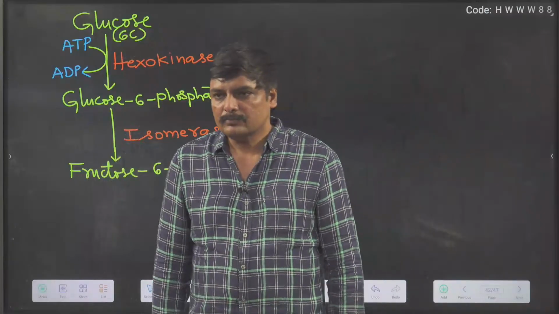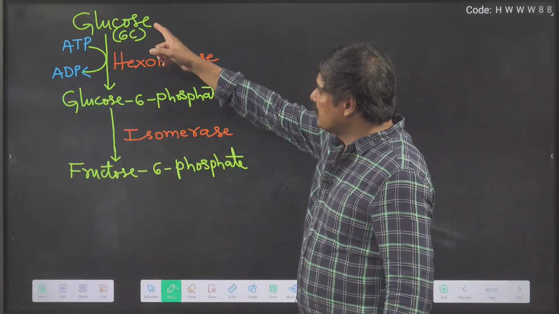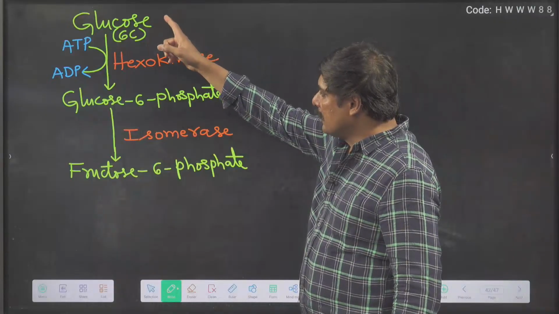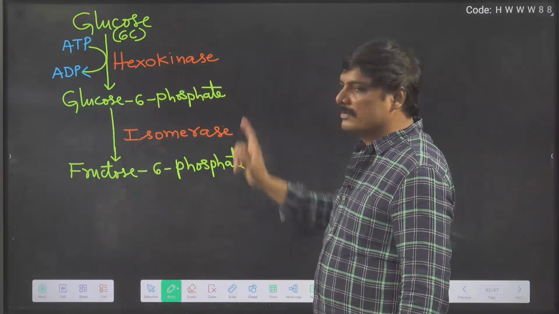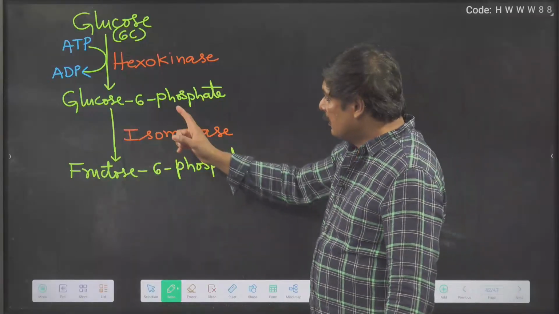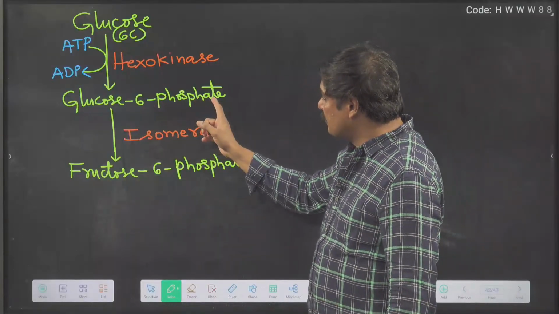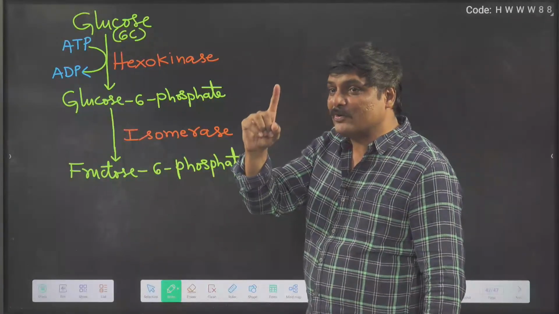Right. So in the first step, glucose is phosphorylated to glucose 6-phosphate. In the second step, glucose 6-phosphate is isomerized into fructose 6-phosphate.